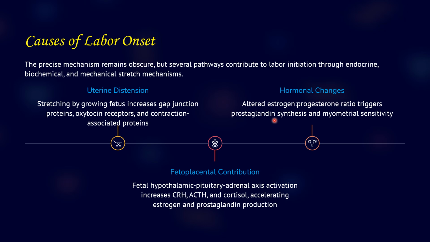It softens the cervix, which is cervical ripening, and it also stimulates uterine contraction. Then there is also myometrial sensitivity, so the uterine muscle becomes more responsive to oxytocin and prostaglandin.